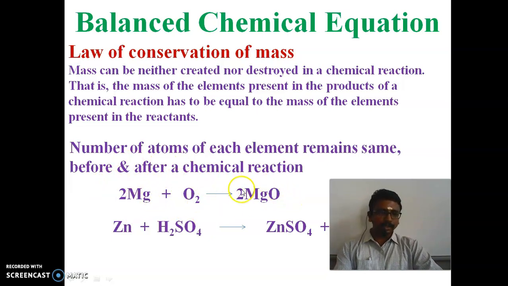Where is the product placed? It is placed on the right hand side. So MgO is the product. Here, are zinc and H2SO4 reactant or product? The zinc and H2SO4 are reactants, and the zinc sulfate and hydrogen H2 are products.